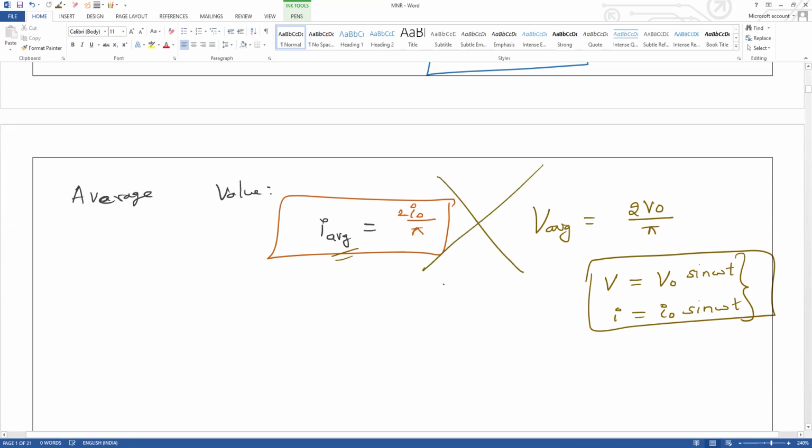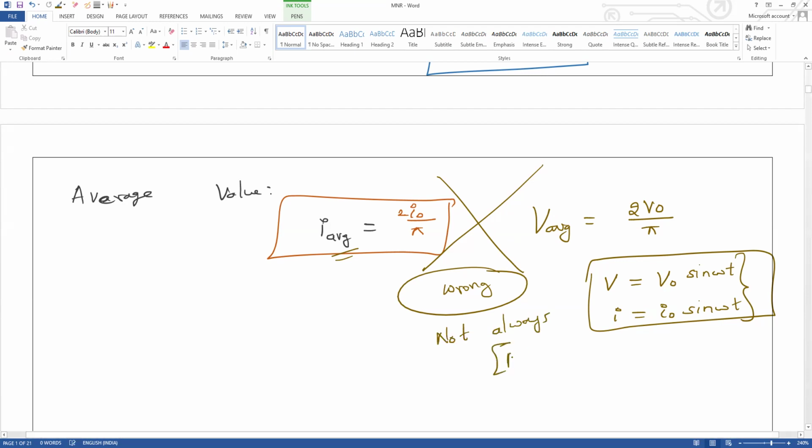If you have studied that, is it right or wrong? Wrong. So this is not the standard formula for I average. Of course, that is a formula, but it is not always true.